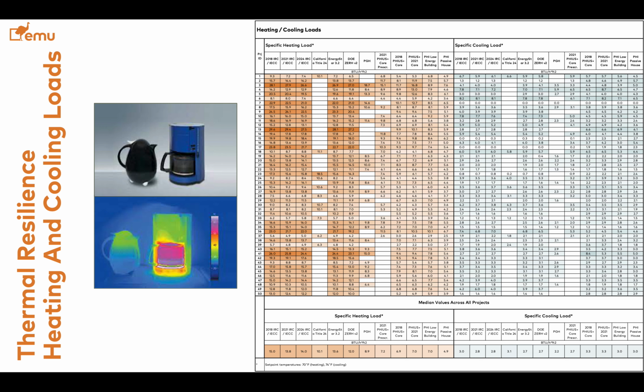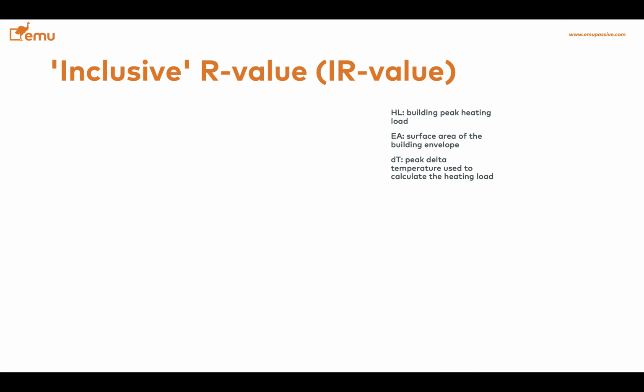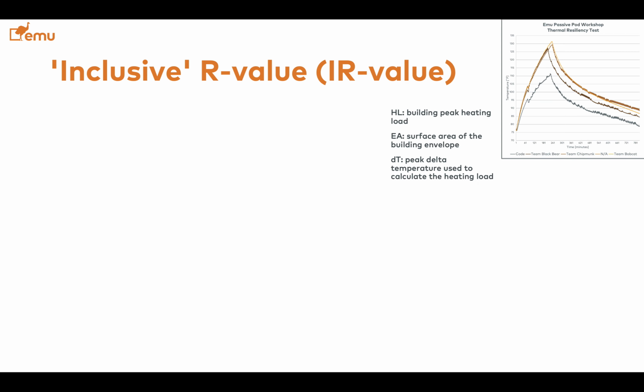So we took this concept, we looked at the heating load, and we came up with the inclusive R value. It's a parameter that we made up for this study in order to try to replicate what was happening in the passive pods. The inclusive R value is intended to represent the thermal protection that the building envelope has.